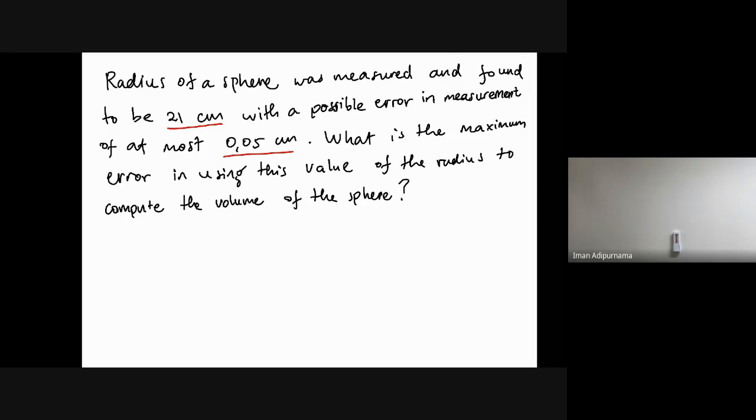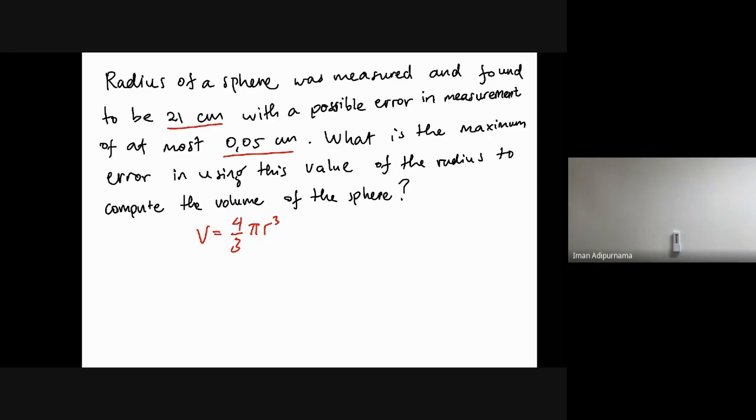So you need to compute the volume of the sphere. The first question, do you remember the volume of a sphere? Yeah, 4 over 3 pi r cubed, right? Okay. So maybe just write that first. But let me tell you what this question is about.